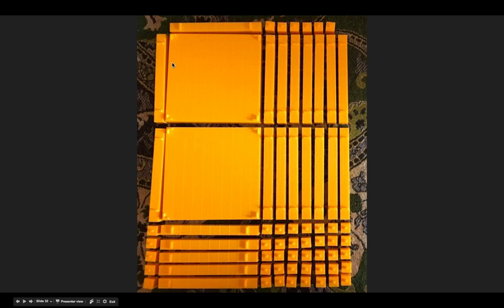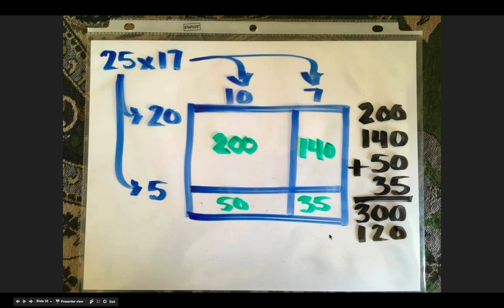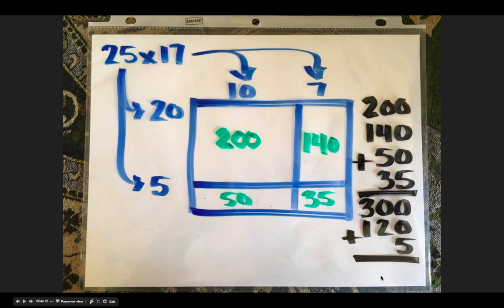So then the next step is to take all these 4 chunks that I made and add them all together. I'm going to add from left to right because that lets me know if I'm in the ballpark of my estimate right away. So 200 plus 100 is 300. 40 plus 50 plus 30 is 120. And then 5 plus no other ones is 5.